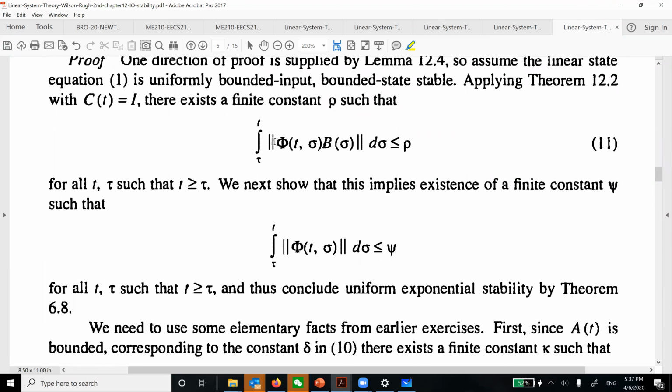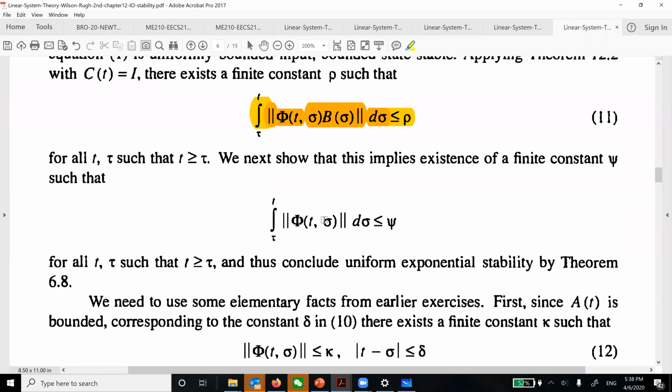So the main thing is we try to find phi B, this impulse response. This thing is bounded, okay?